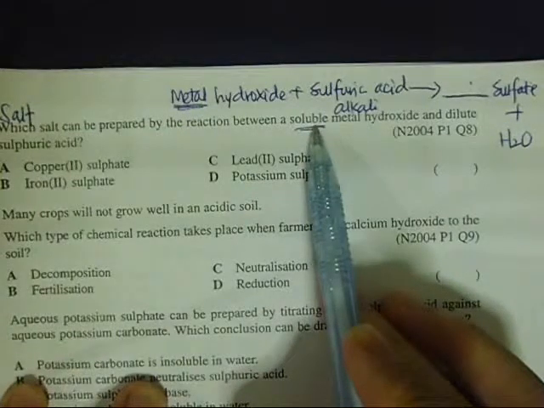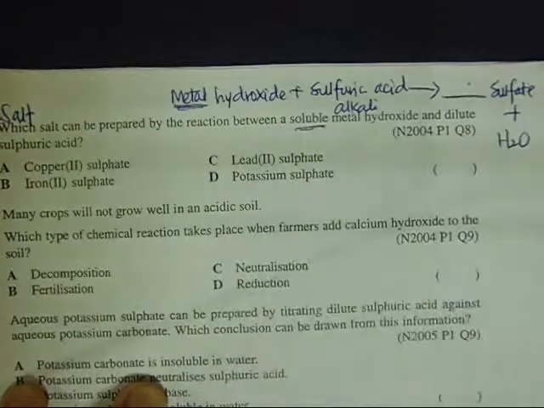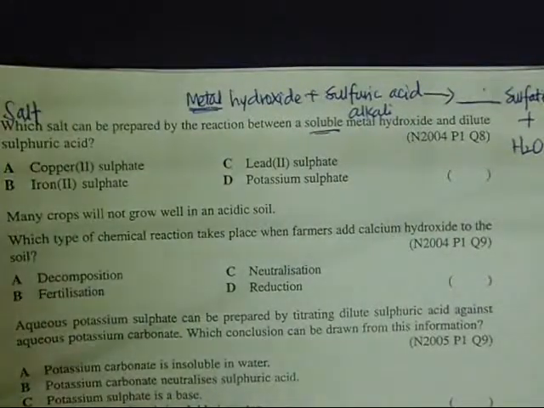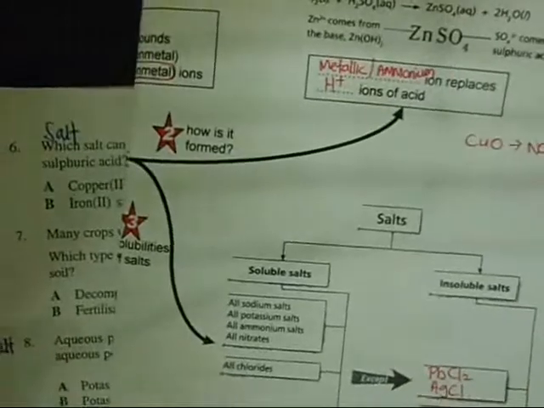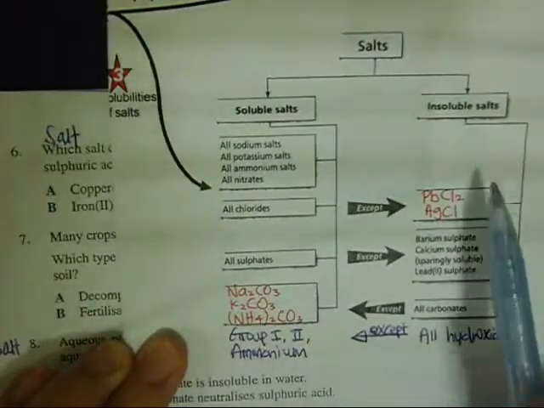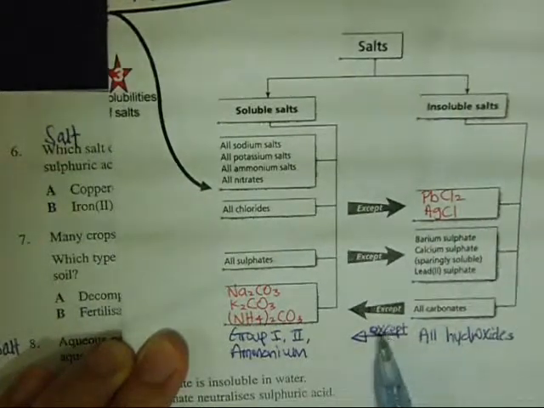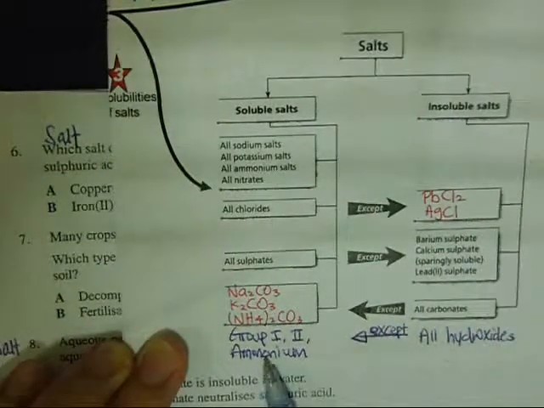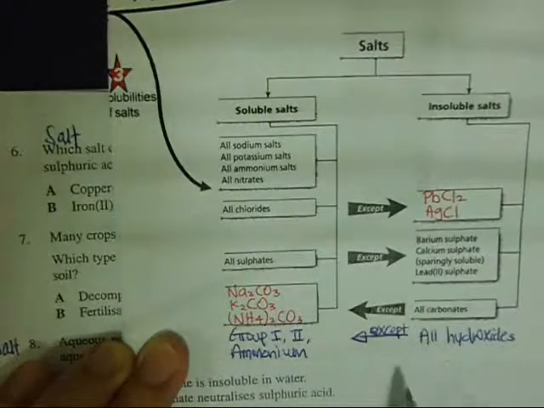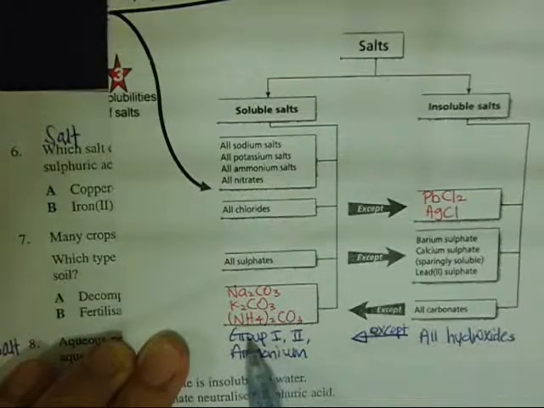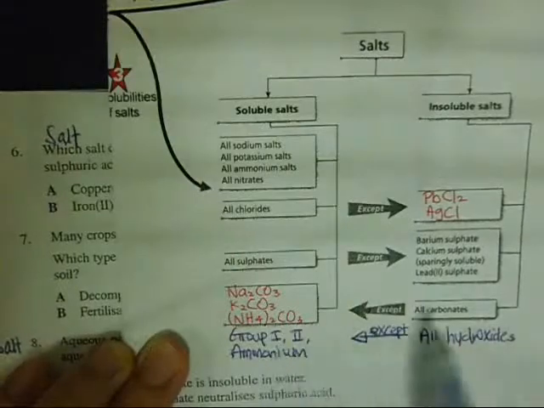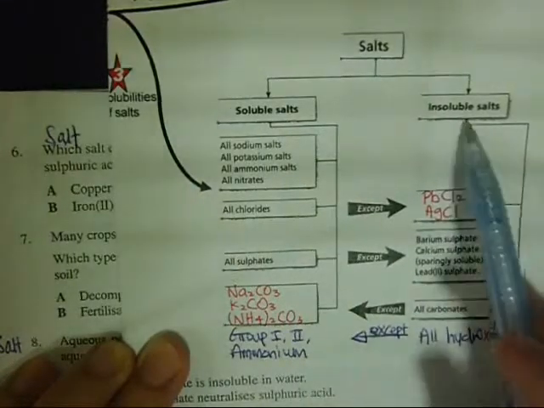Copper 2 hydroxide is not soluble, because if you look at your solubility table, all the hydroxides are not soluble except group 1, 2 or ammonium. Copper 2 is not from group 1 or 2, and it is not ammonium. Therefore copper 2 hydroxide is not soluble.